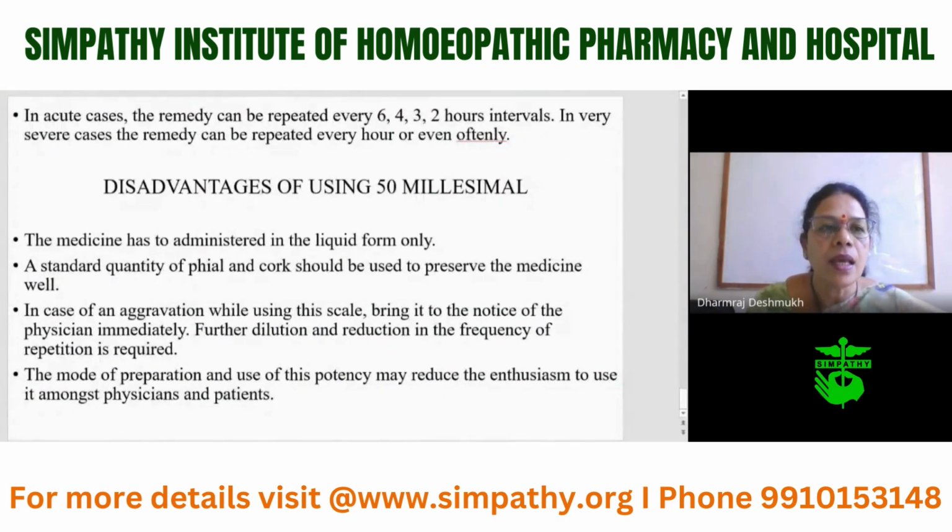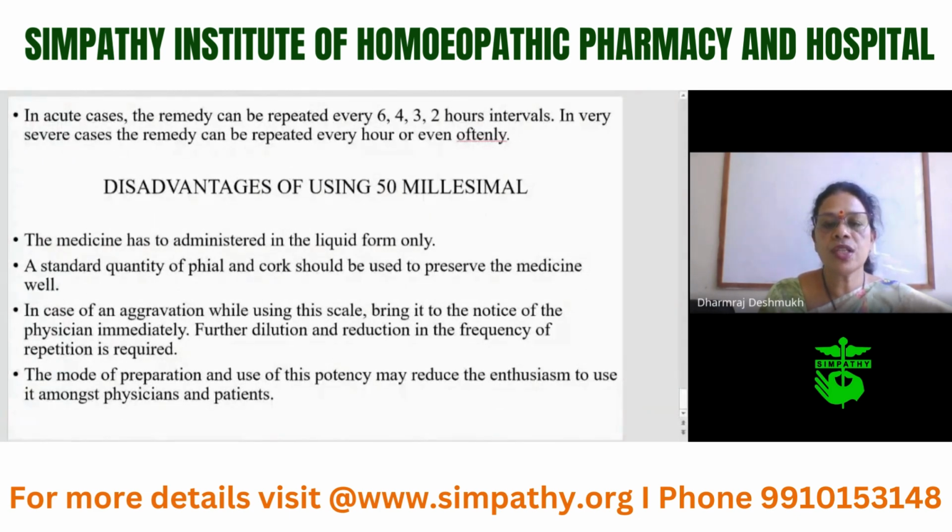Like this, you can prepare 50 millisimal potency, you can administer it, and you can see these many advantages of 50 millisimal potency. So this is what I wanted to explain to you about the 50 millisimal potency in reference to different aphorism numbers given by Dr. Hahnemann.